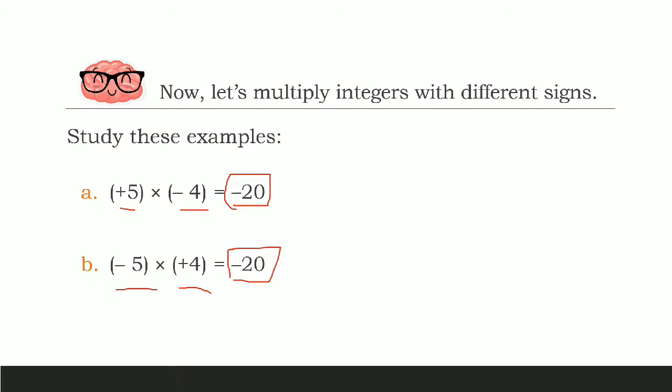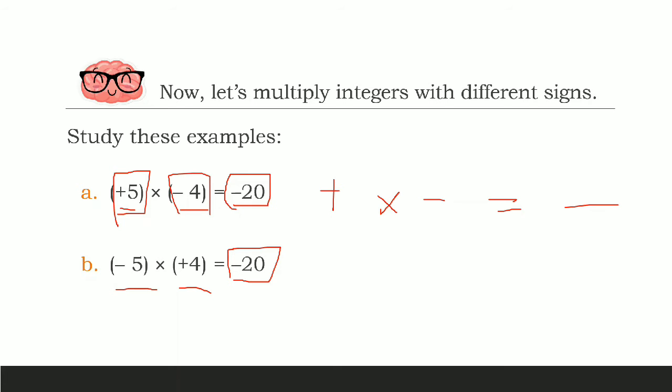If we have different signs like this, positive 5 at saka negative 4, the answer is negative because our second rule is if we multiply different sign, our answer is negative.